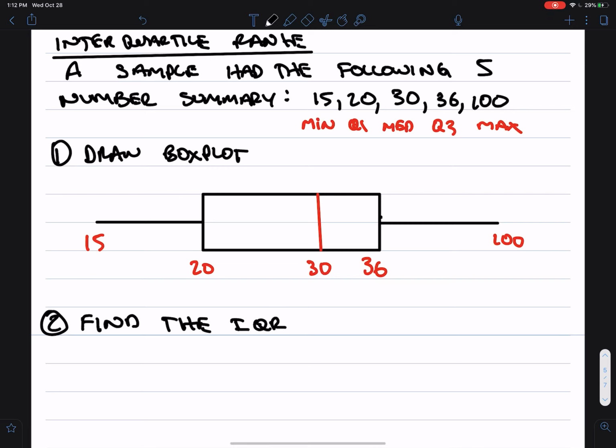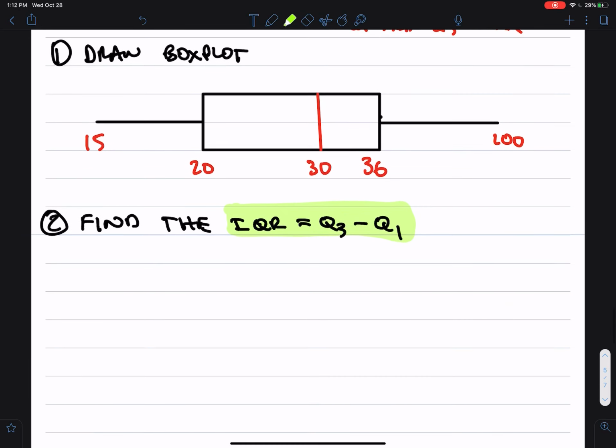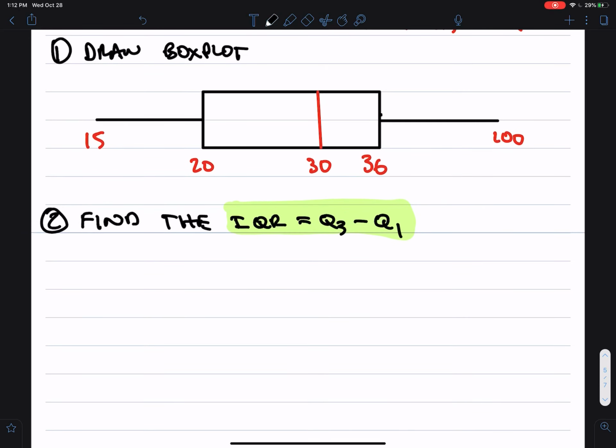The IQR, ladies and gentlemen, is a very simple formula that is Q3 minus Q1. So if I want to find the IQR for this data set, it's just going to be 36 minus 20, which is 16. The IQR is 16.